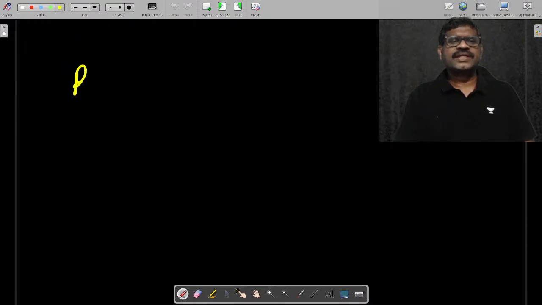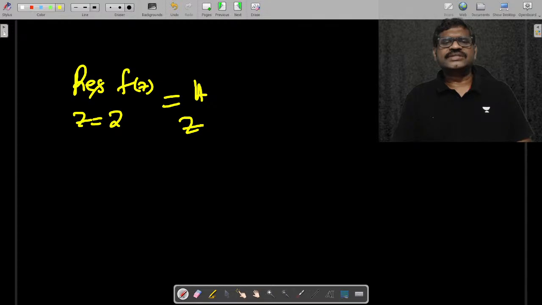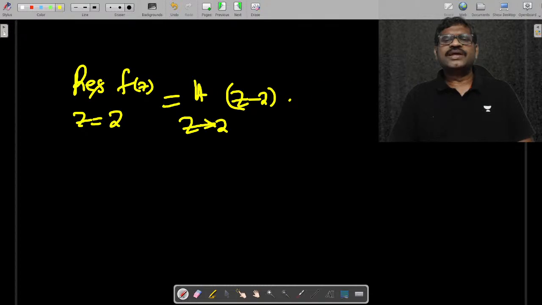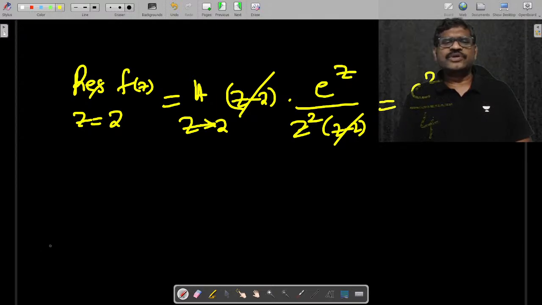Next, the residue of f(z) at z equal to 2 is limit z tends to 2 of (z minus 2) into, because it is a simple pole, e^z by z^2(z minus 2). Z minus 2 cancels, giving e^2 by 2^2, that is e^2 by 4.